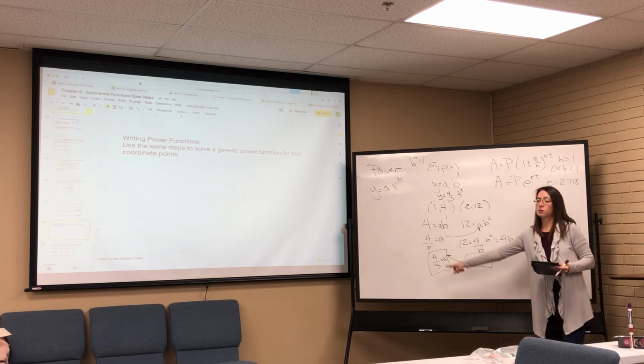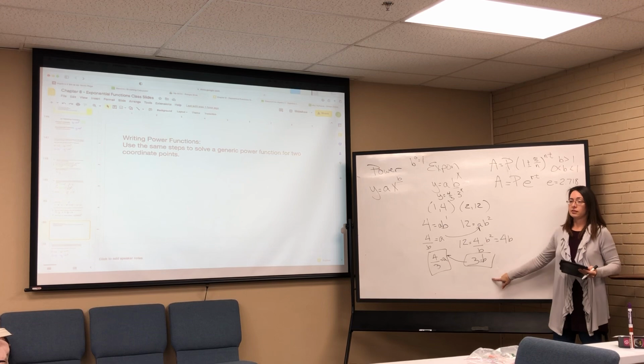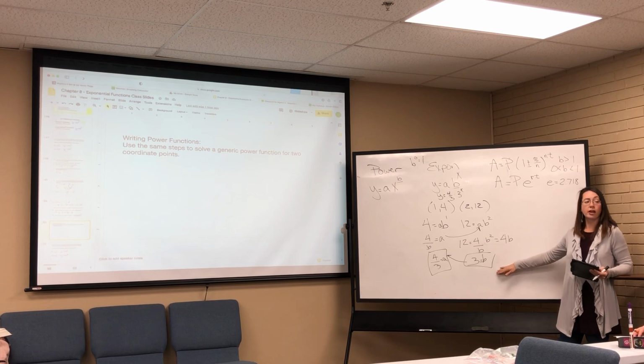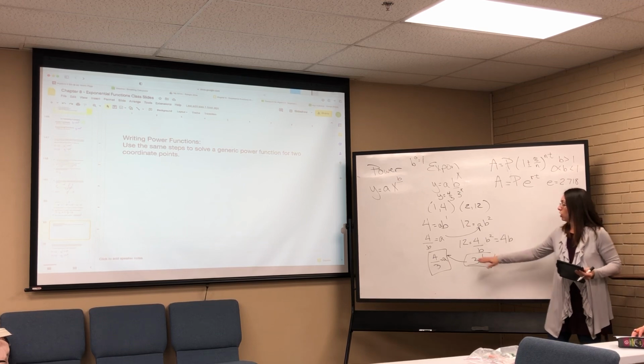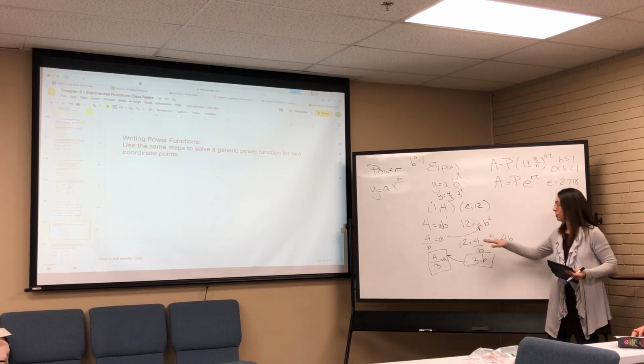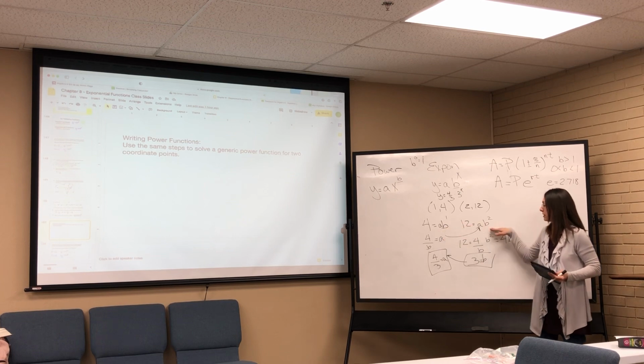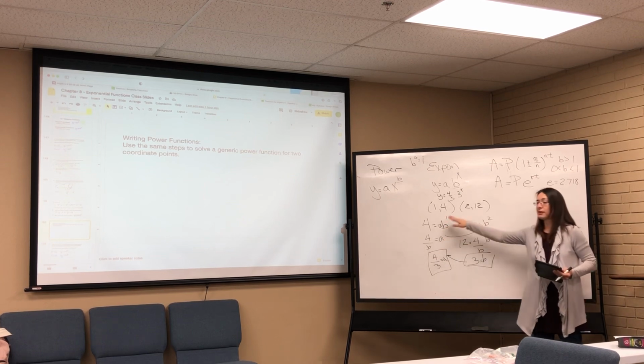All right, any questions about these steps here? This is just using our exponent rules that we've had, our process of substitution with 2 equations to solve for our variables. So as long as you keep your steps in order, solve for one, plug it into the second. I say it kind of makes a circle.